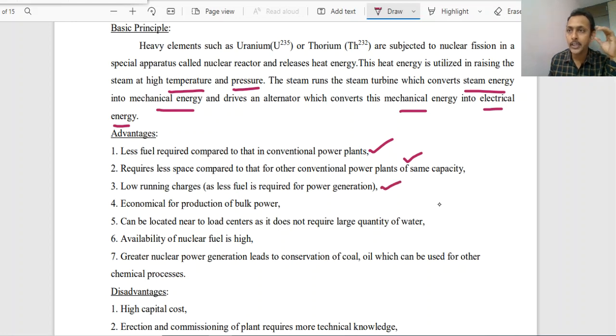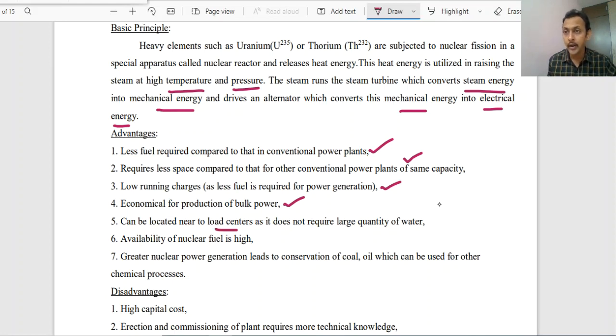And also it is more economical for the production of bulk power. It can be located nearer to the load center, where there is electrical load demand, instead of being constructed like a hydro power plant, which has to be constructed where the reservoir possibility is there, which will generally be far away from the load centers. Whereas these nuclear power plants can be located nearer to the load centers.